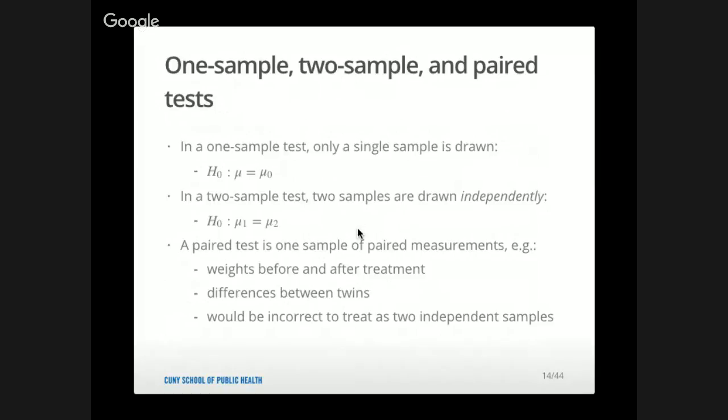For the example, weights is a good example, because in your population you might have people who vary a lot by weight, but the change in weight before and after treatment may be less variable than the variation of weights in the population. And in this case, it is incorrect to treat these as independent samples, because the weight before and after of an individual is not independent. It's a paired measurement.